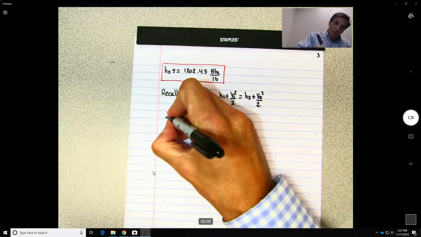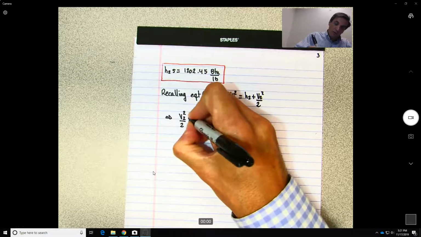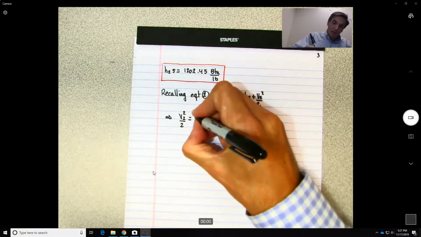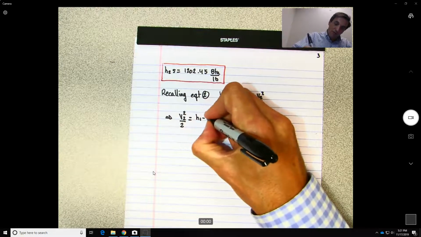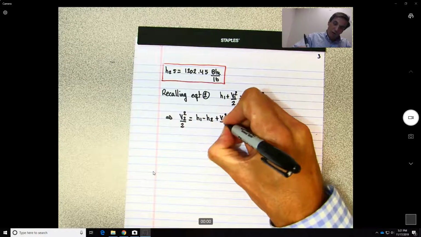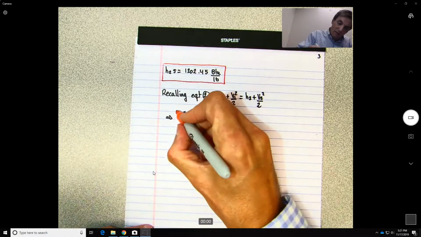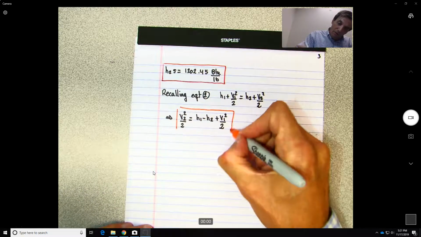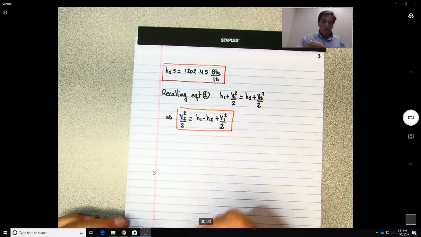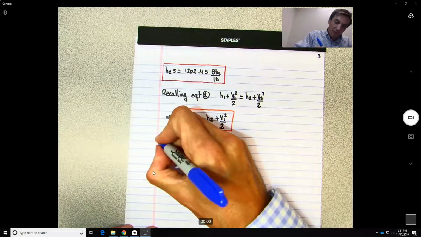So from that equation, we can find out that V2 squared over 2 will actually be equal to H1 minus H2 plus V1 squared over 2.